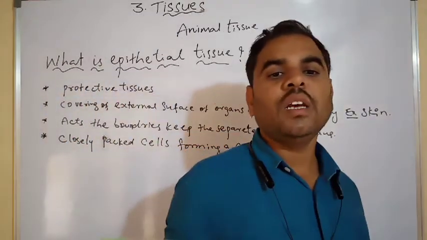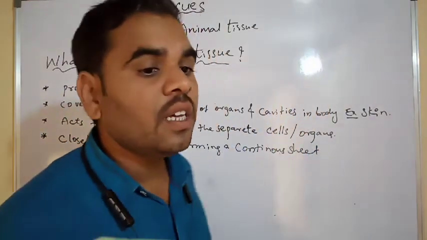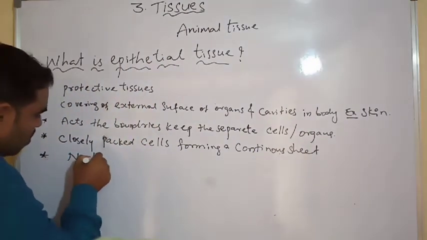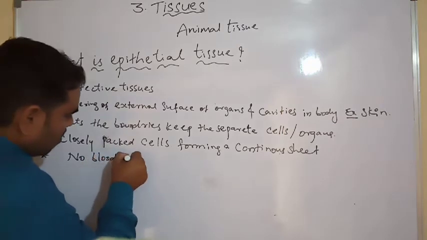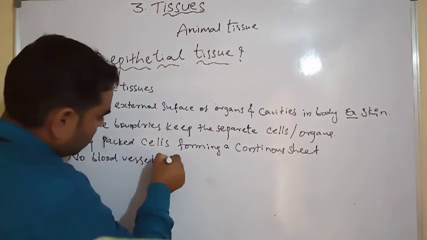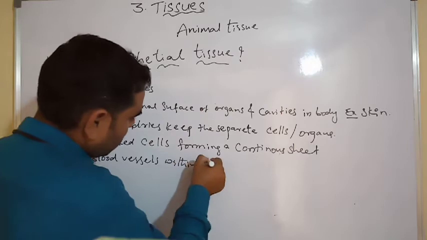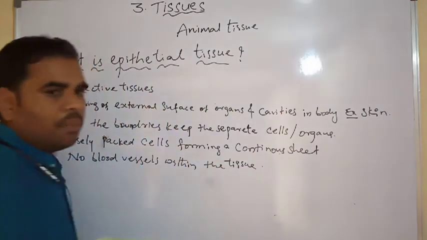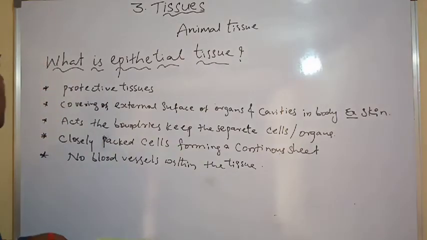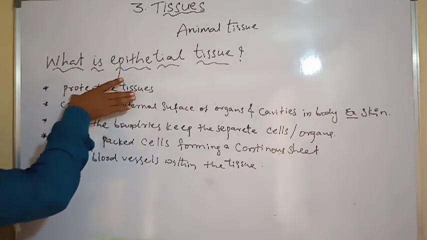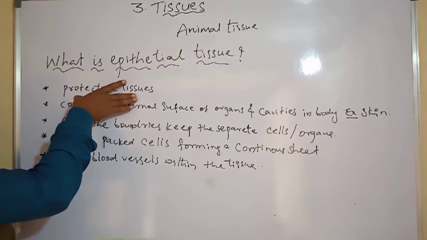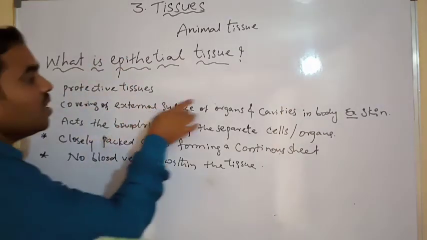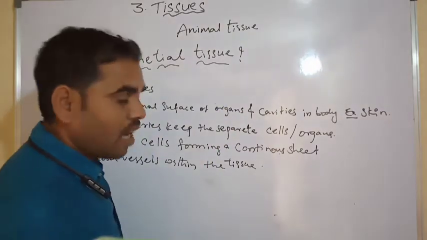See, no blood vessels within the tissue. Is there any blood vessels? No. See, these epithelial tissues are protective tissues. Okay, covering the external surface of organs and cavities in the body.